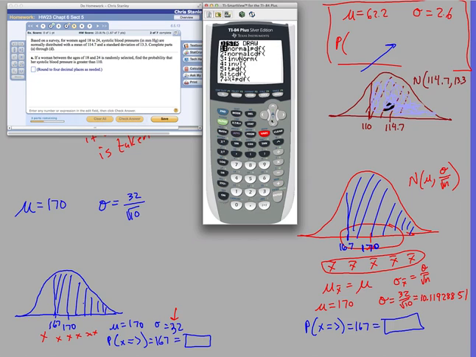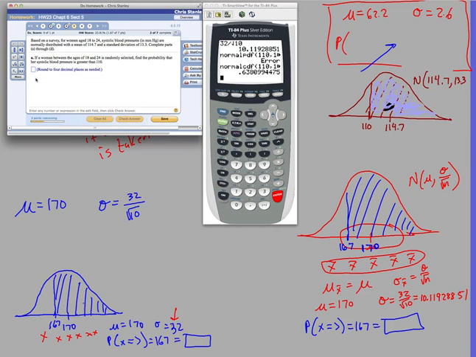I accidentally hit 1 instead of 2. Okay, CDF. Okay, here we go. So round to 4, so 0.6381, because the 9 rounds the 0 up to 1.